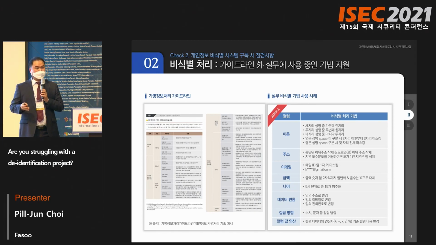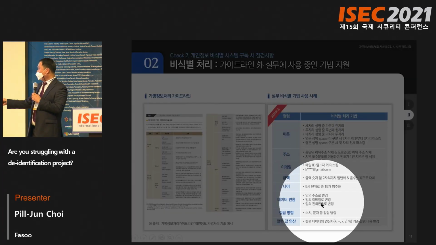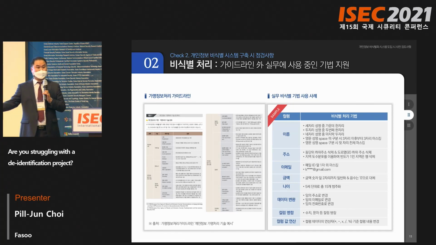And when personal information is masked or pseudonymized, you cut out the last 4 digits of the phone number. The form and the shape themselves are maintained, but some digits are replaced with random values, like in email or the phone numbers.